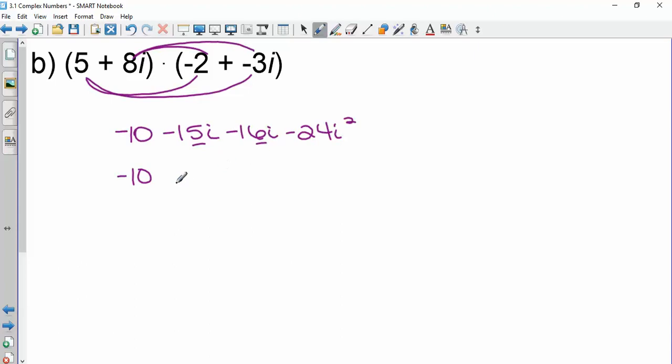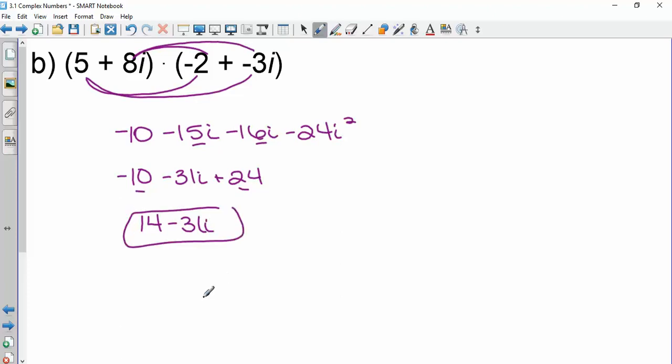So negative 15i and negative 16i is negative 31i. Negative 24i squared would turn into positive 24. So add like terms, negative 10 plus 24 gives us 14 minus 31i. Do we need more like that?